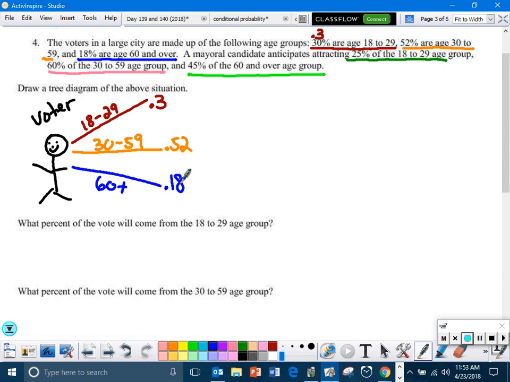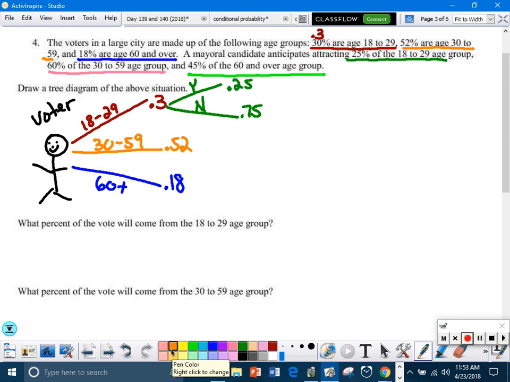Okay, so now we got to look at the votes. So in this age group, either yes, they vote for the person, or no, they don't. So there's two branches, yes and no. Yes is 0.25, 25%. That means 0.75, what's left over, 75% would not vote for that person.